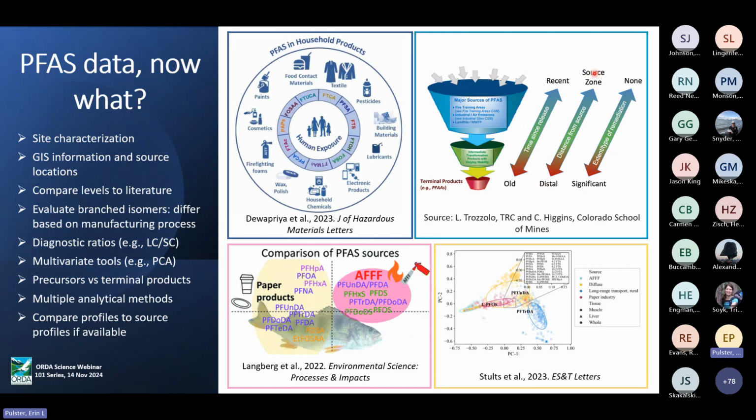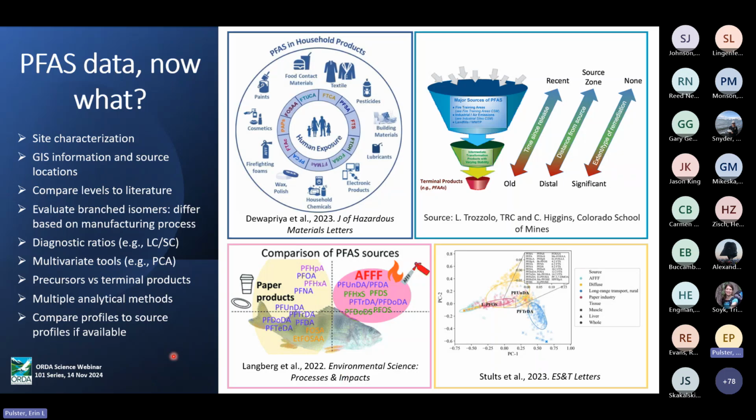Do we have a lot of precursors, or do we have a lot of terminal end products? Knowing what those pathways are, and there's a lot of literature coming out on the pathways, is going to be important to understand, those precursor to terminal end products, which is going to help you determine the source if that is your ultimate goal.